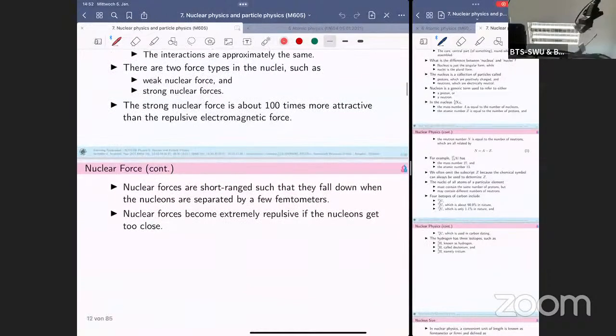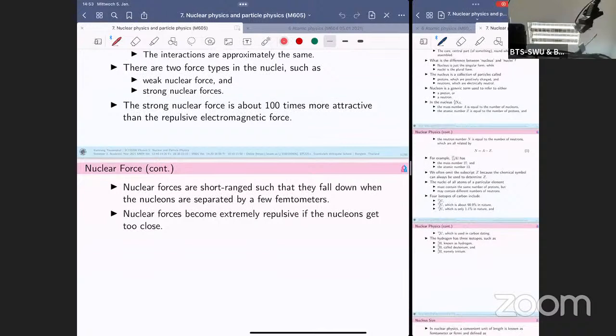Nuclear forces are short range. If you try to separate particles like proton and neutron far away from each other, there will be no nuclear forces at all. The nuclear force will fall down when the nucleons are separated by a few femtometers. Nuclear forces become extremely repulsive if the nucleons get too close.